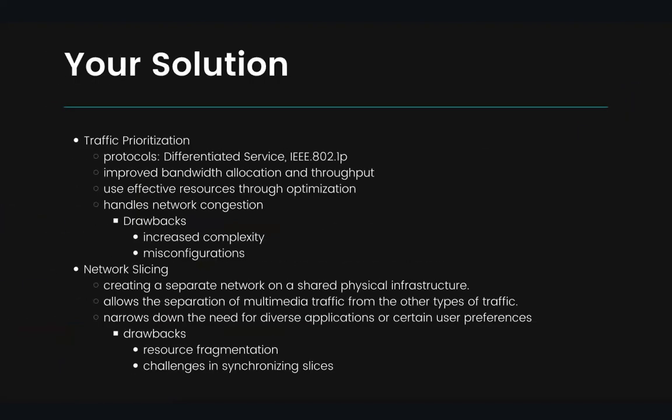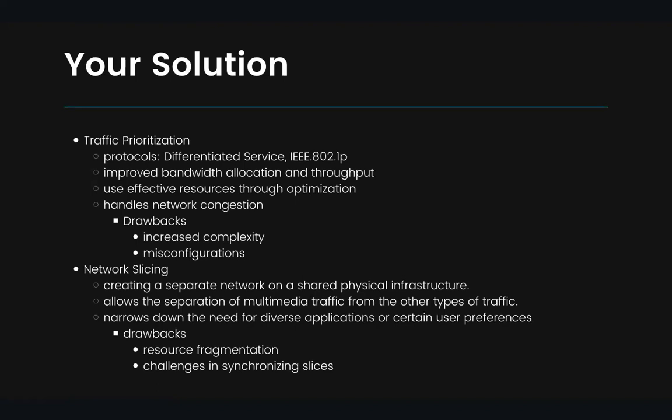So the objective is to elevate the quality of service for multimedia applications. This can be achieved by implementing traffic prioritization using protocols like differentiated services or IEEE 802.1p for Ethernet networks. By assigning higher priority to multimedia flows, particularly real-time audio and video streams like FaceTime, this system can effectively reduce latency.